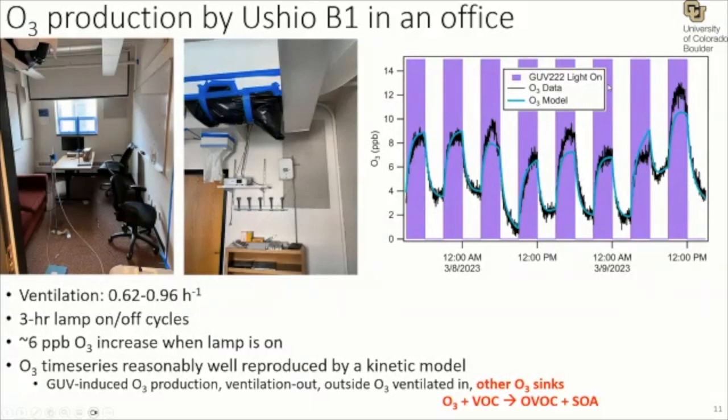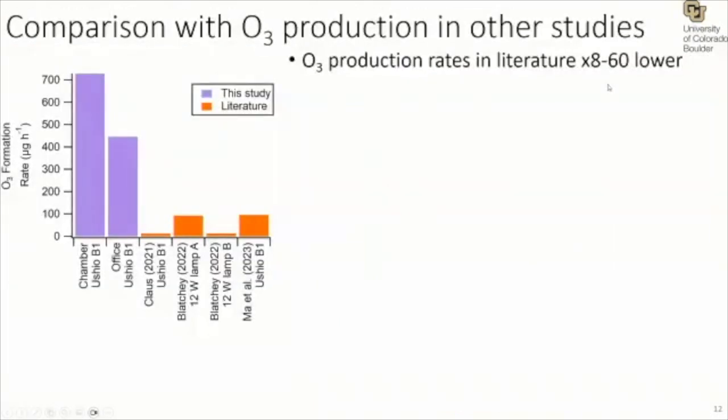The other ozone sinks can be, for example, ozone deposition onto surfaces and the reactions with VOCs, which produce oxygenated VOCs and SOA. We can compare the ozone production we saw in our chamber and office with previous reports in the literature. The literature values are lower by about an order of magnitude or more.